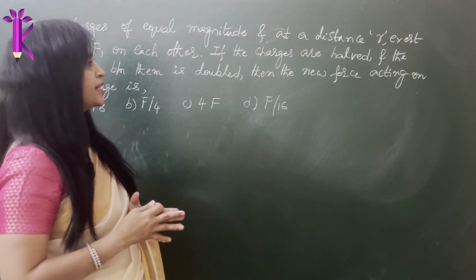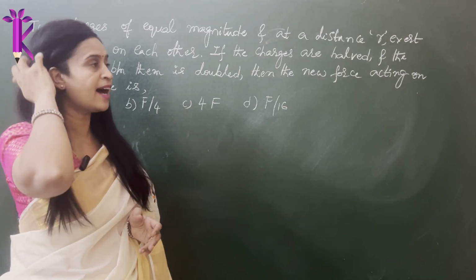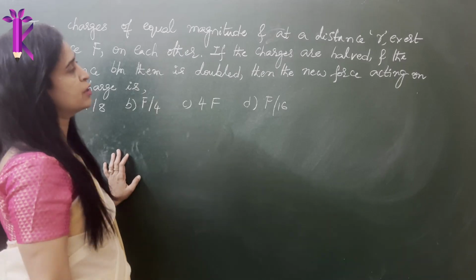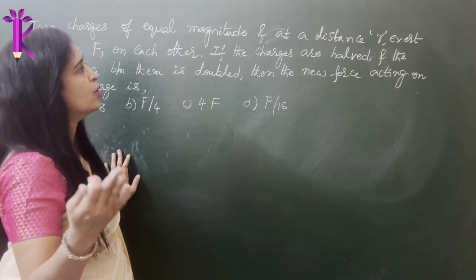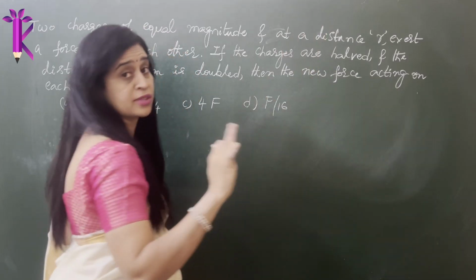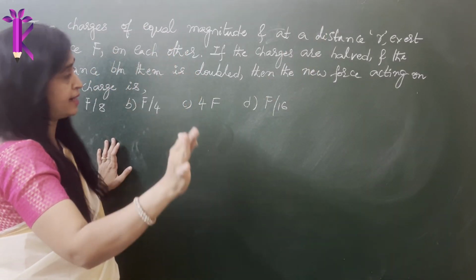So the last numerical for today's session, a very interesting numerical to end the class. Two charges of equal magnitude, Q1 and Q2, can be called Q because the magnitude is equal, separated by a distance r. They exert a force F on each other, fair enough.